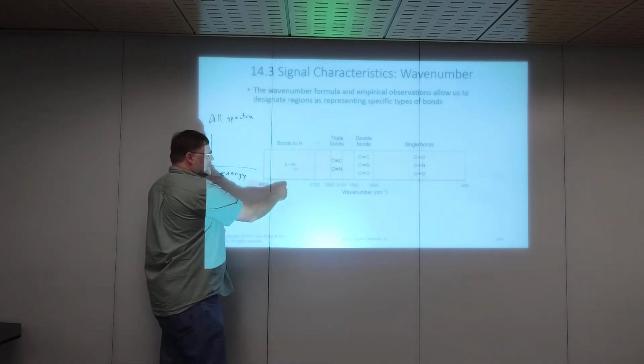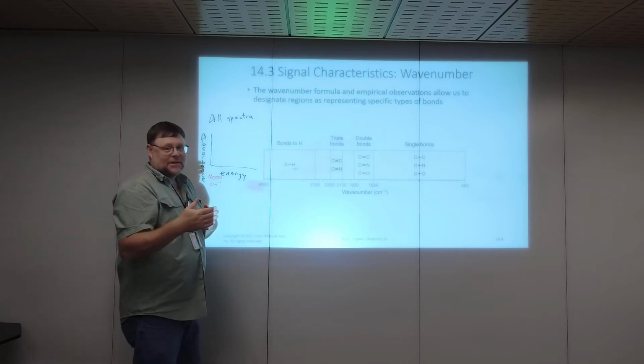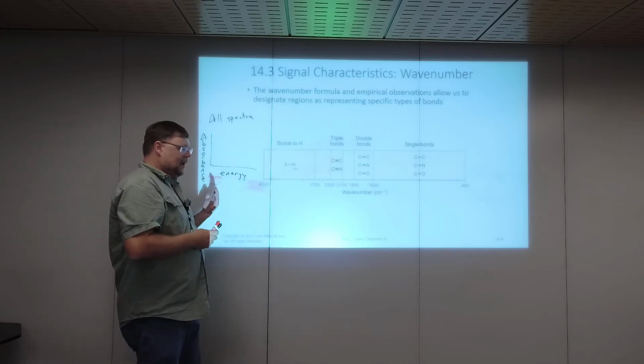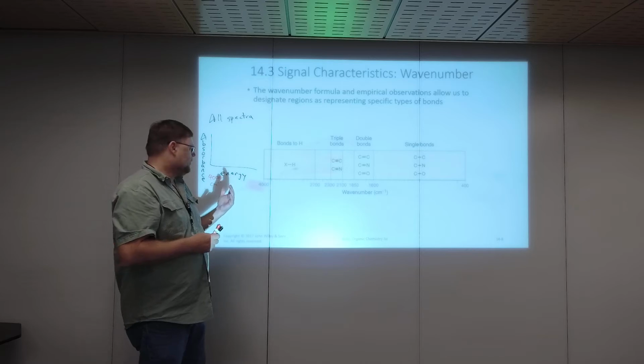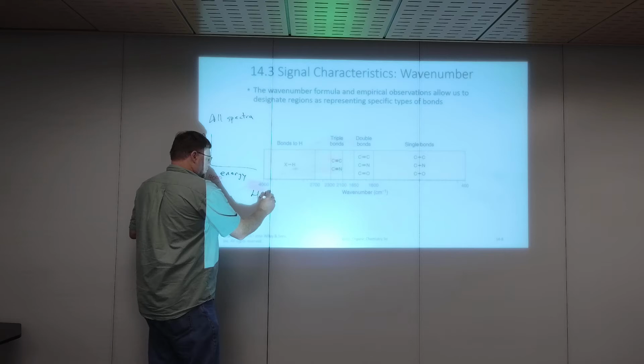So bonds to hydrogen, 2,700 to 4,000. Again, big mass difference. So those are all way down on the left. Higher energy. Right, higher energy is on the left.